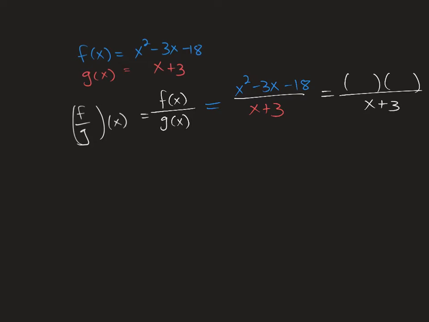So that ends up being x plus 3 times x minus 6. That's really handy because this is a fancy version of 1, right? It becomes 1, so this ends up being x minus 6, and that's our final answer. So when you divide f divided by g, you get x minus 6, which is a lot easier to deal with.